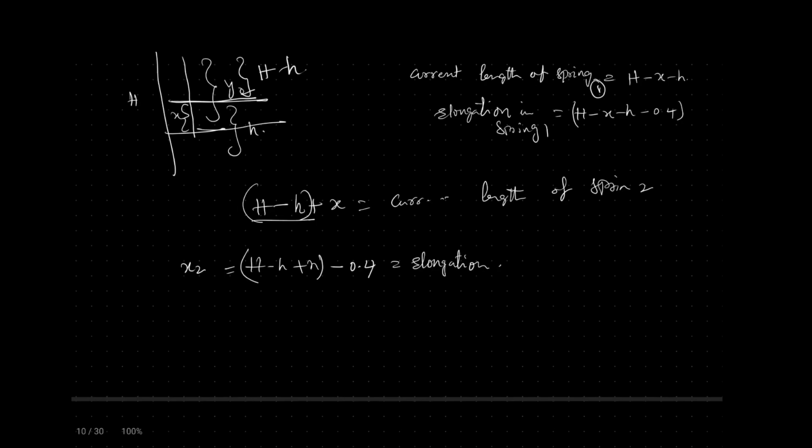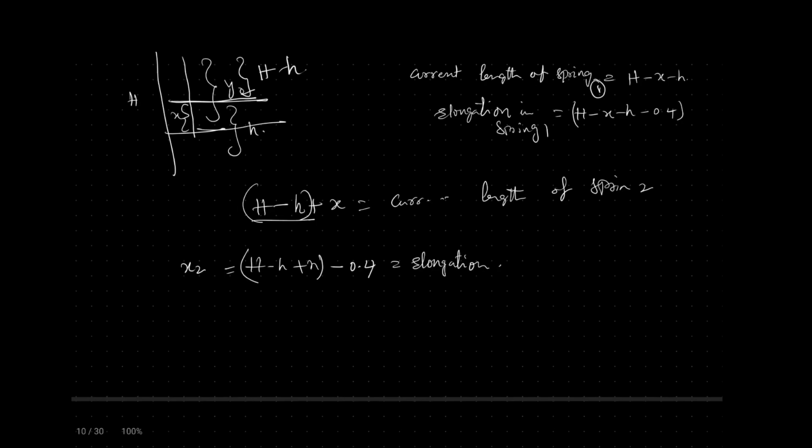We don't even need that. If we keep the value in k1 x1, this is f1, which is equal to f2. Since f1 and f2 are equal, if we get the f1 value, that is the value of f2.